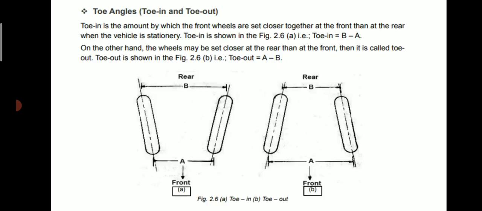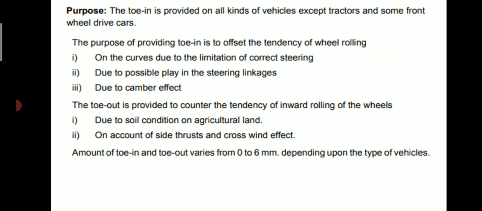In this figure, toe in means B minus A and toe out means A minus B. You will see what A and B are here, and we can have an idea about toe in and toe out. What is the purpose? The toe in is provided on all kinds of vehicles except tractors and some front wheel drive cars.